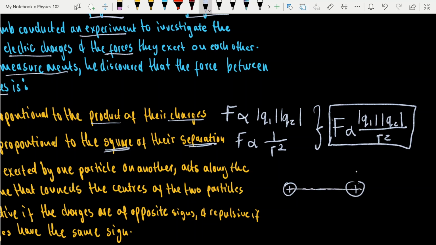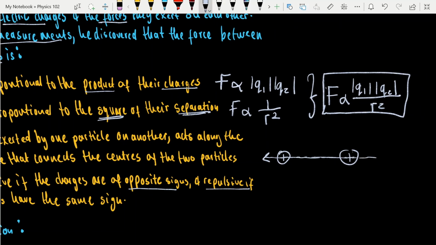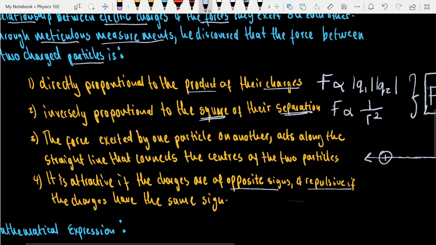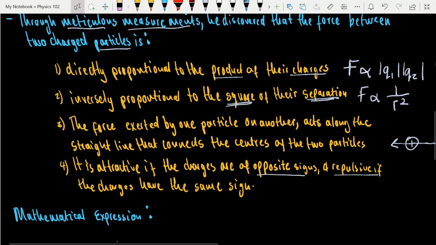It is attractive if the charges are opposite, and repulsive if the charges have the same sign. So because they have the same sign, it will act along this line and it will be facing away. It is repulsive. It makes them push away from each other, right? We know that if the 2 charges are different, it is attractive. When the charges are the same, it is repulsive.